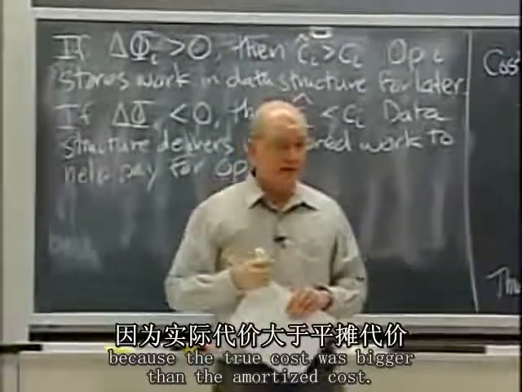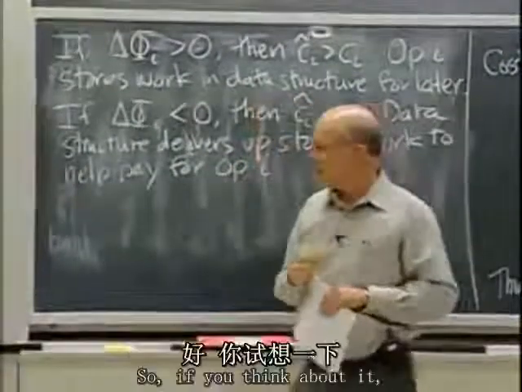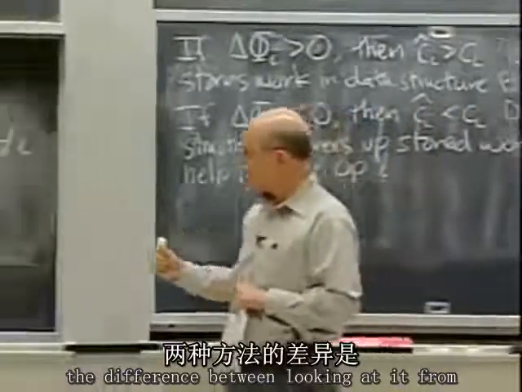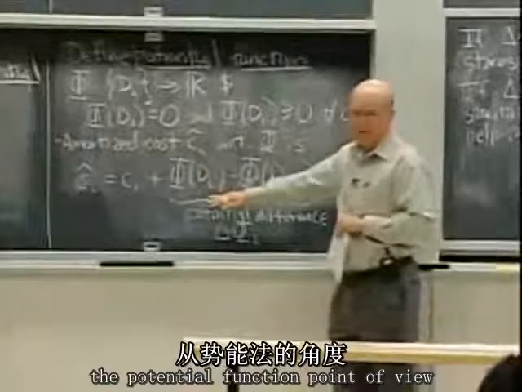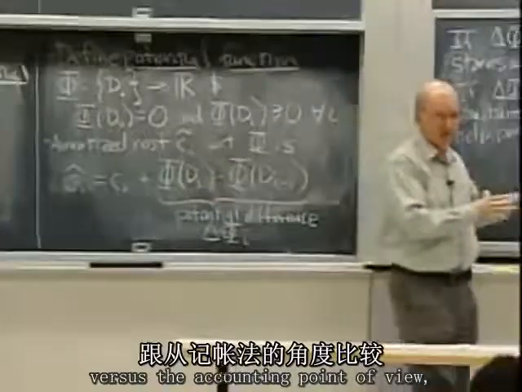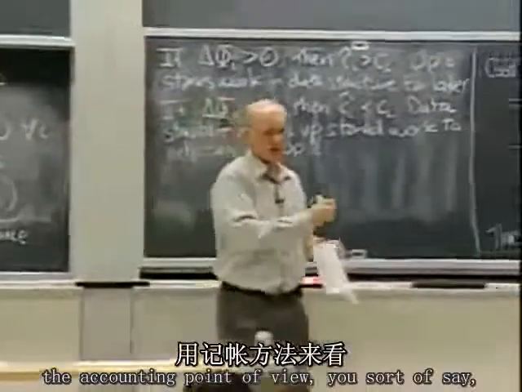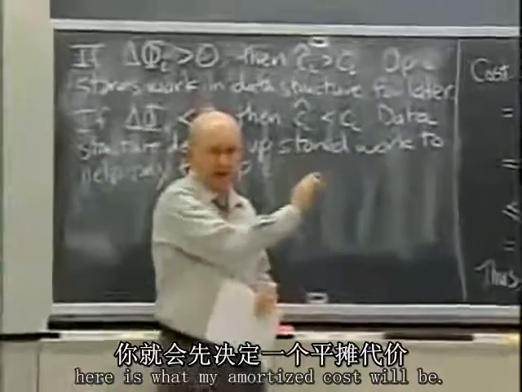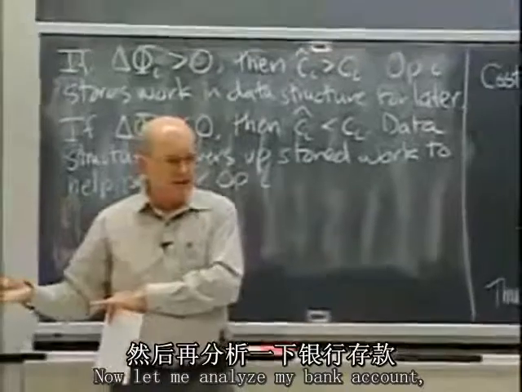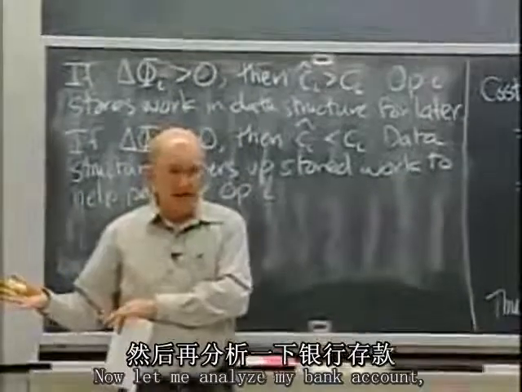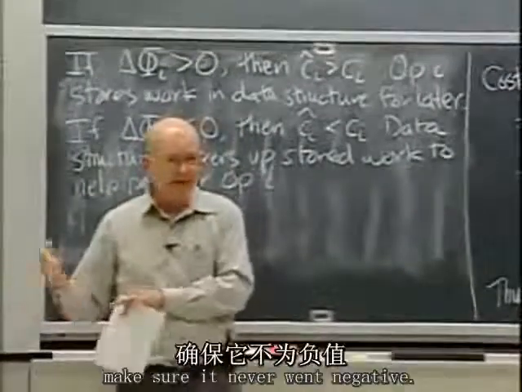Okay? So if you think about it, there's a difference between the potential function point of view and the accounting point of view. In the accounting point of view, you say, here's what my amortized cost will be. Now let me analyze my bank account, make sure it never went negative.